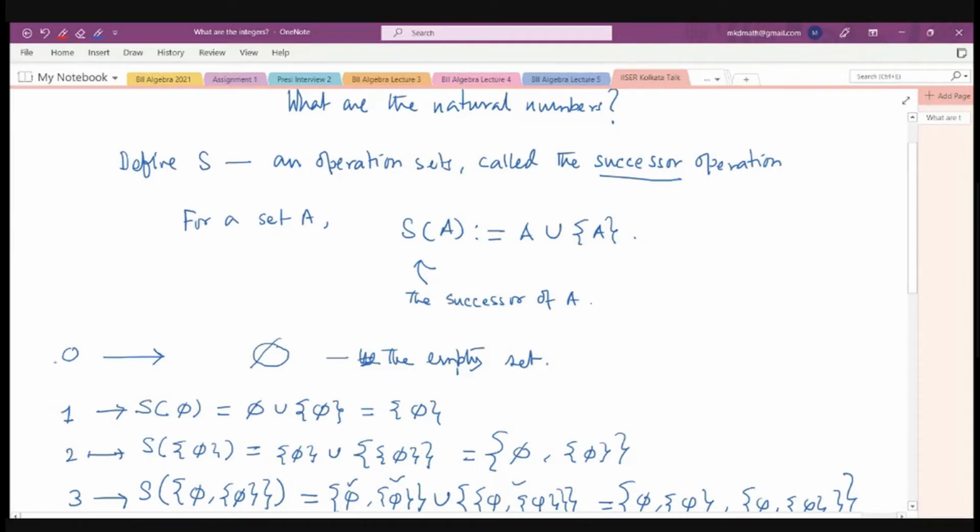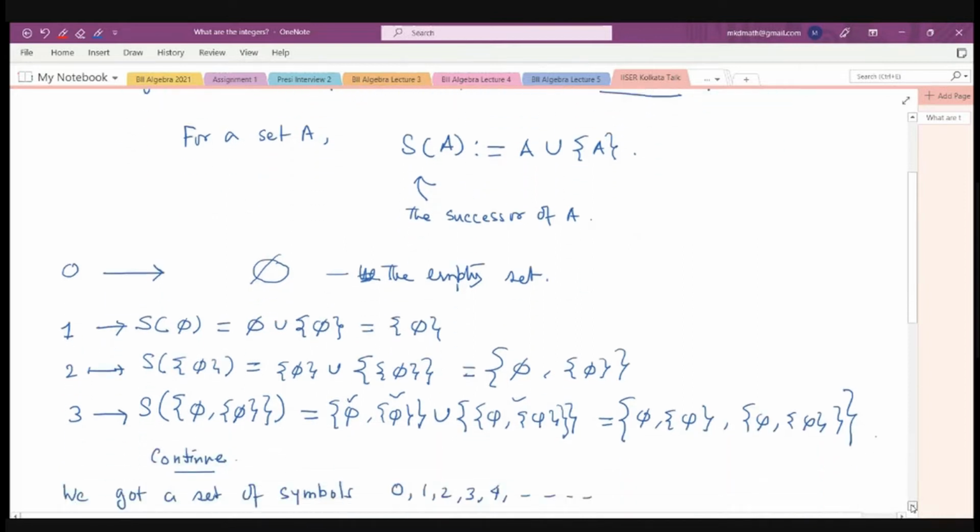So 1 is the successor of 0, 2 is the successor of 1, 3 is the successor of 2, etc. And you can see that 0 has no predecessor, meaning there is no natural number whose successor is 0. Okay. So this is a construction.